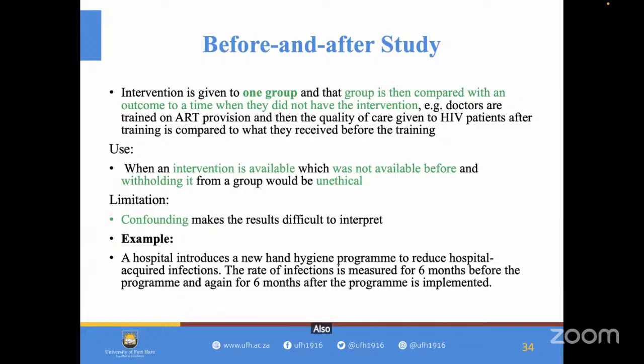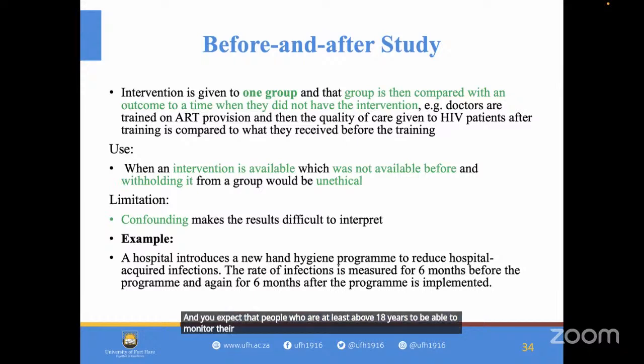Also, age is another important confounder in any research. So, for instance, you cannot expect a 5-year-old to constantly keep washing their hands, and you expect that people who are at least above 18 years to be able to monitor their health properly.